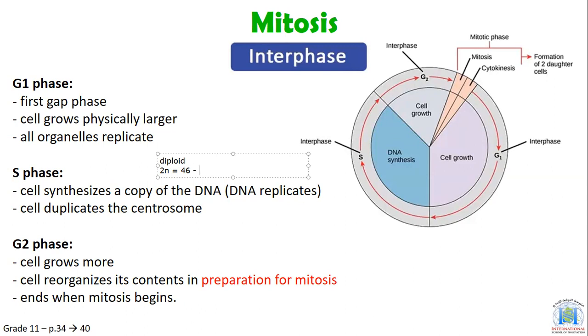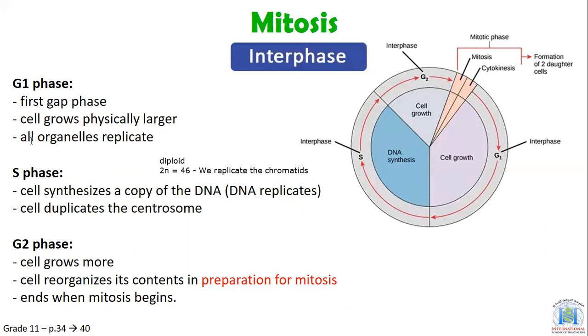No, we double or replicate the chromatids. So instead of having 46 chromosomes with one chromatid, we will have 46 chromosomes with two chromatids. This is very important since we need to conserve the number of chromosomes at the end of mitosis.